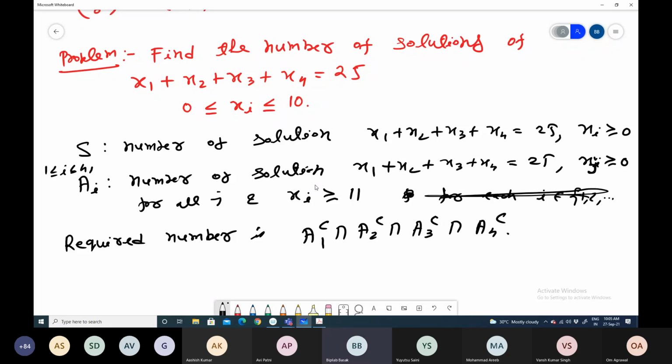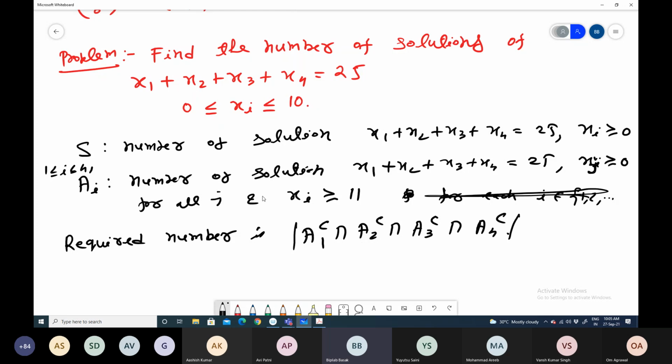First of all, is that clear that if we take Ai equal to this, then our required number is the cardinality of this one? Yes, sir. Right, that is easy actually. If it is not clear, you can still think. I think this is not a big issue.